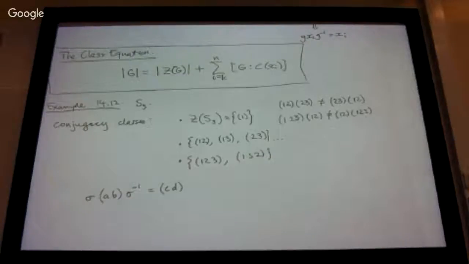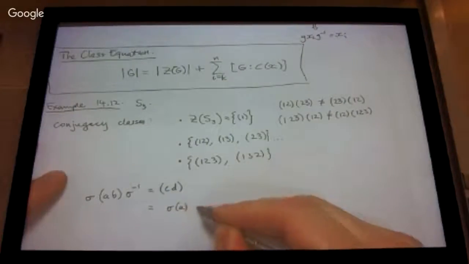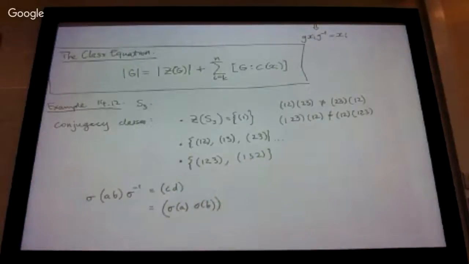But I think what you're getting is sigma of A, sigma of B as a two-cycle.